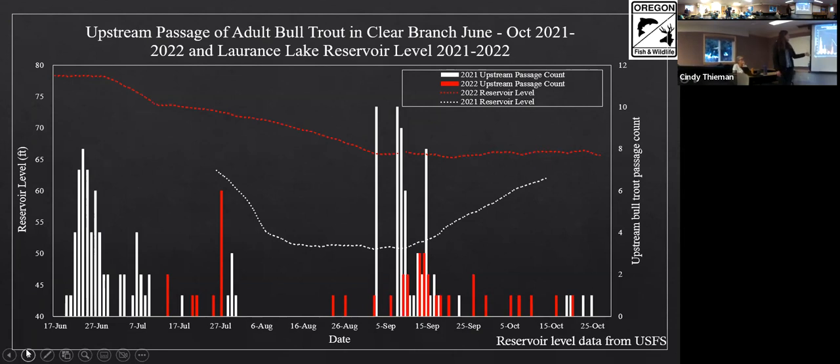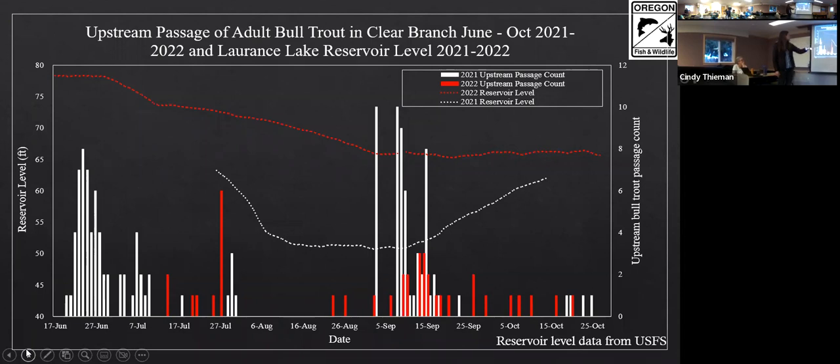In 2021, which is the white, and 2022, which is the red. And then additionally, what's represented on the left vertical axis is the reservoir level. This data was collected by the Forest Service. This shows the reservoir height over time, the period being June through October in 2022, and the reservoir level in 2021.